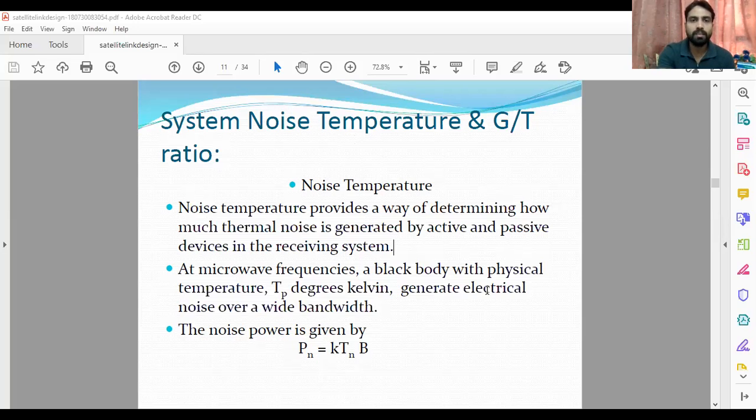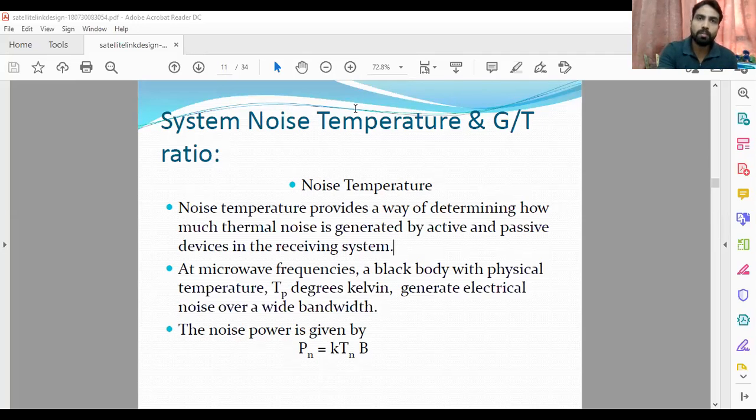This tells you noise temperature provides a way of determining how much thermal noise is generated by active and passive devices in the receiving system. It's very simple, because you are working to connect two satellites or a satellite with a ground station.